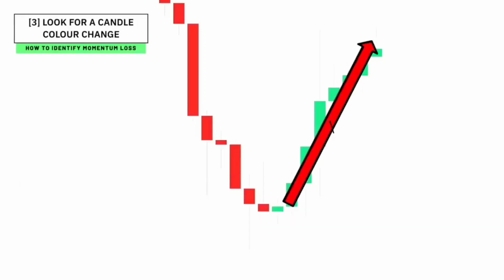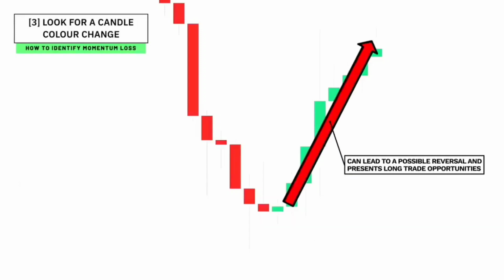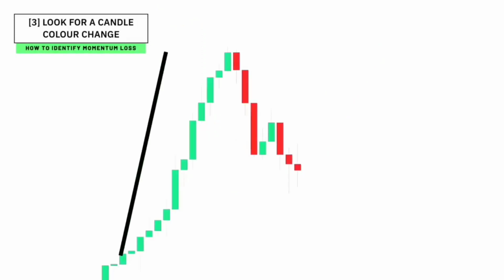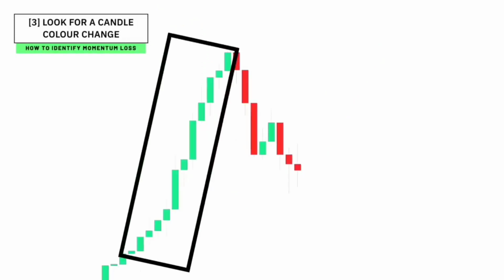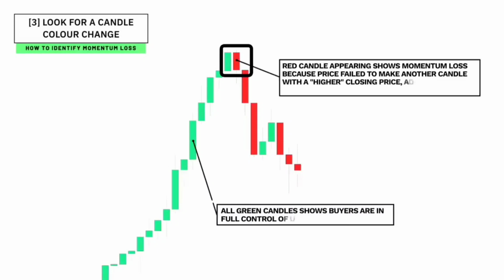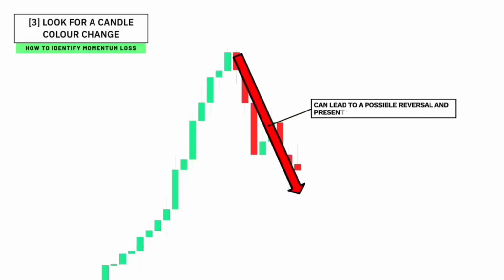This can lead to a possible reversal of price. In an uptrend, you have all green candles before the red candle appears. This shows momentum loss because price failed to produce another candle with a higher closing price and instead made a lower closing price through the red candle.